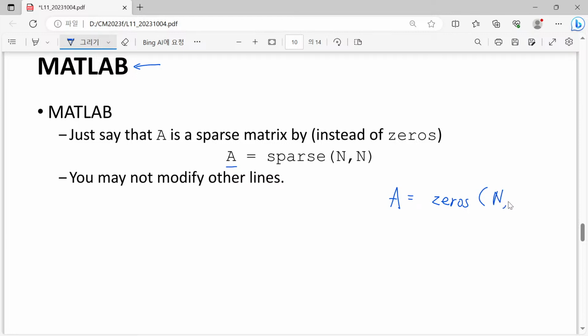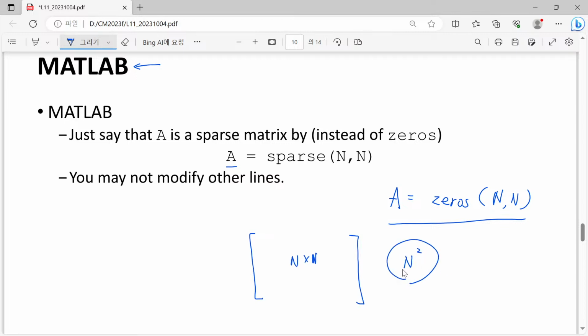Starting from this specification, MATLAB makes a storage for an m by n matrix. Simply speaking, n square double precision numbers are assigned for this matrix A. But instead of that, let's start from this kind of declaration.